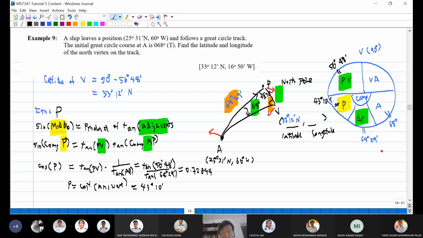Okay, this is how to find angle P here. So now I WhatsApp this to you, one part of the solution. I see some questions there, so I will answer later.